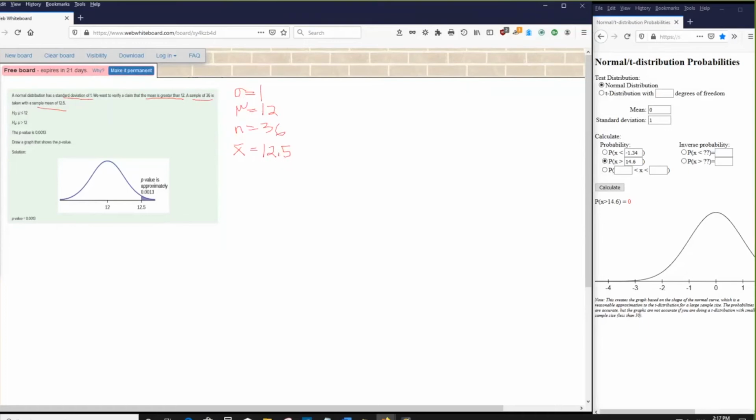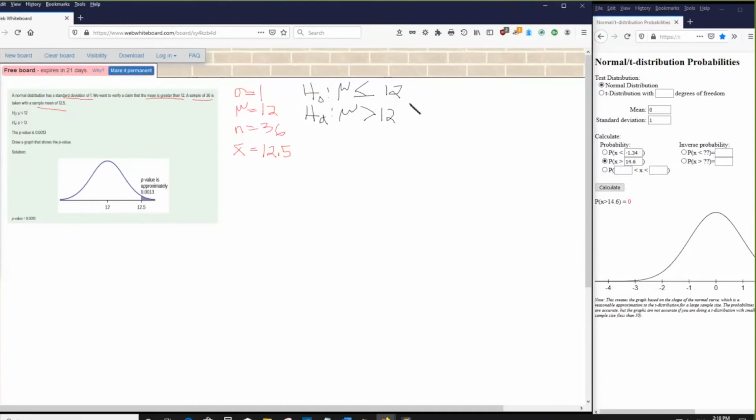Remember that when we think it might be unlikely, we're going to make our alternative be what we want to verify. So we want to verify a claim that the mean is greater than 12. That means I'm going to set up my alternative hypothesis that the mean is going to be greater than 12. So the opposite is what we're going to say is our null hypothesis. So we're going to test that the mean is less than or equal to 12.